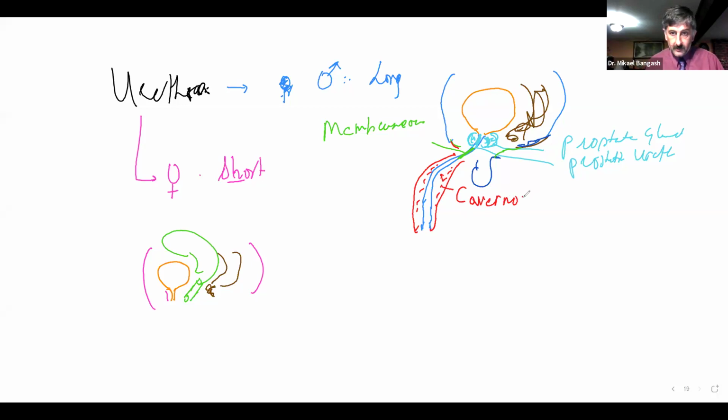So this is going to be the cavernous urethra. The part of the urethra that runs through the penis is the cavernous urethra. So that's pretty much why it is going to be longer than that of the female, because in the male it has to run through the penis as well.